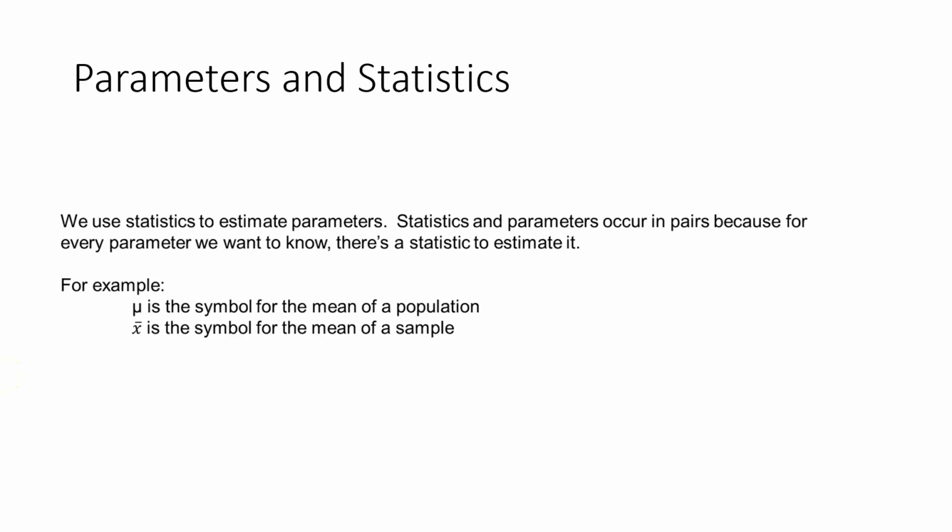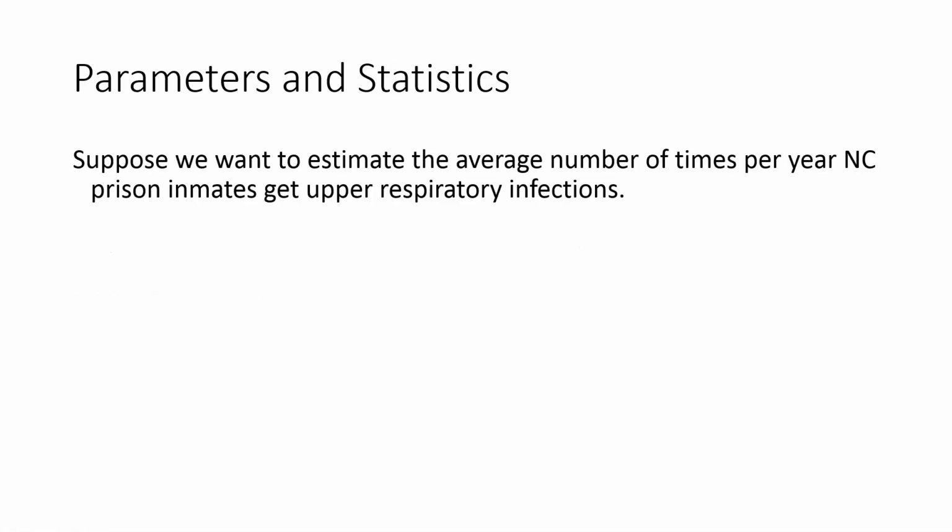This other one is called X bar, and that's the symbol for the sample mean. In general, Greek letters usually represent parameters. So mu is the population mean, and X bar is the sample mean. You probably want to write those down and keep those handy, or better yet, just memorize them. The quicker you can, the better off you'll be.